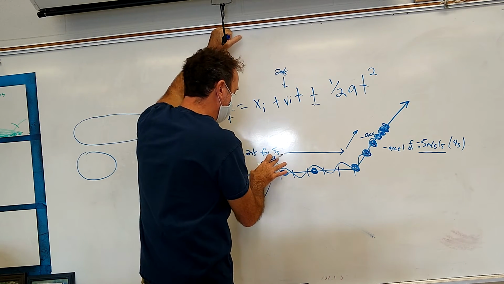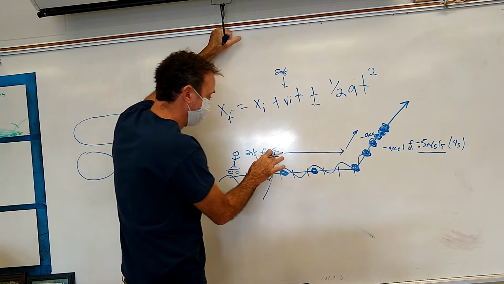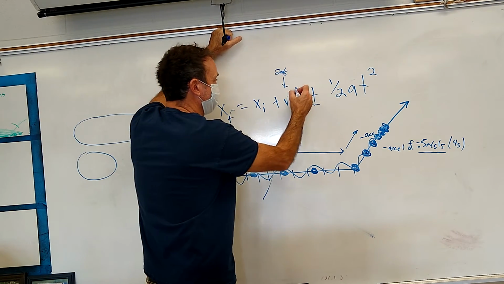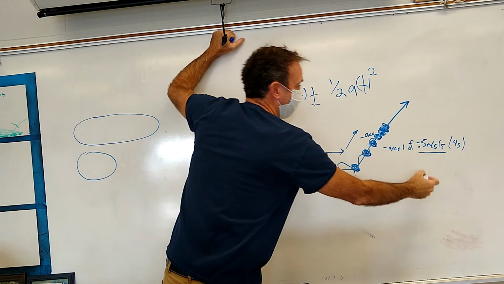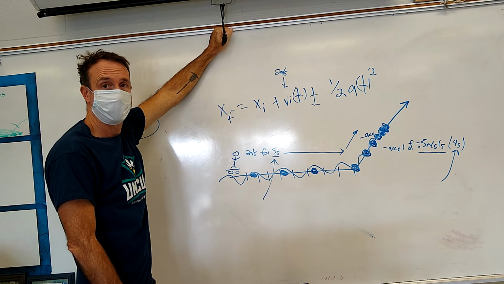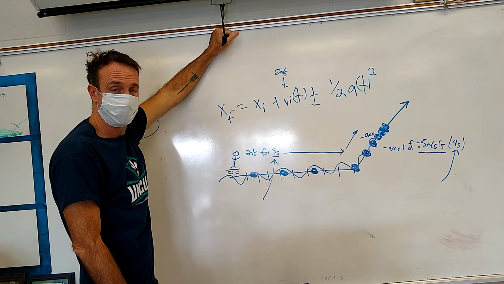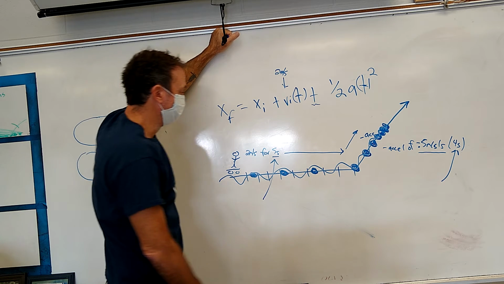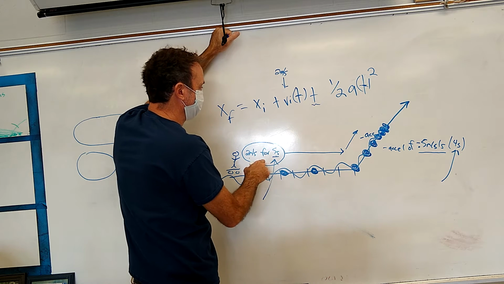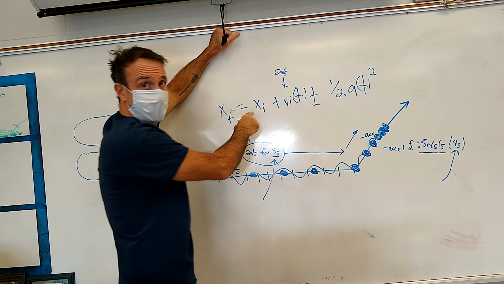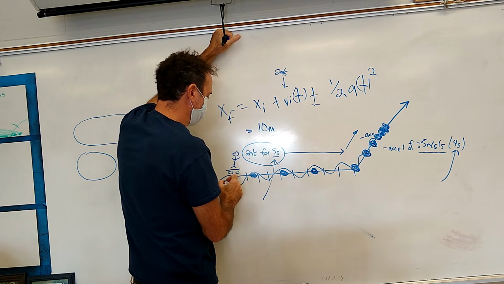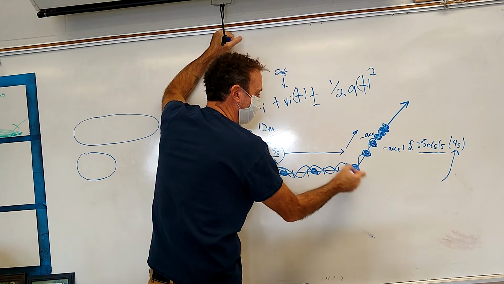The time I gave you in the problem is the time that they were skating before there was any acceleration. This t right here and this t right here are the time that the skater was accelerating, or negatively accelerating, or decelerating, or slowing down, whatever you want to call it, okay? So this t right here, 2 meters per second for 5 seconds, you just use that to calculate how far they went before they got to the ramp. So 2 times 5, 10 meters is the initial distance that they skated before they got to the ramp.